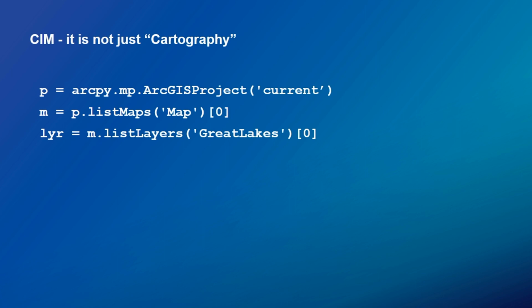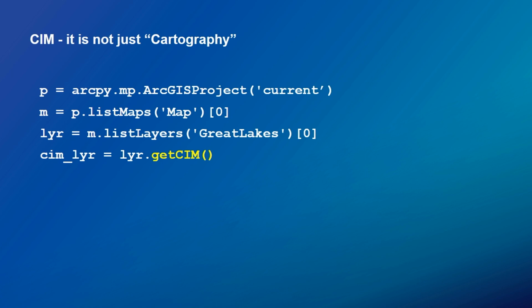So here is arcpy.mapping. This is what you know, right? This is that managed API, and we're going out to a project. We're working with the current project. We're getting a map called Map, and we're finding a layer called Great Lakes. And all of this is standard classic arcpy.mp. Now the next step is new.